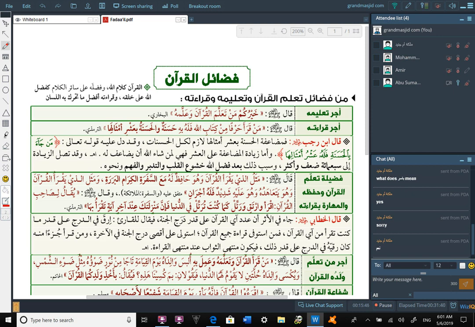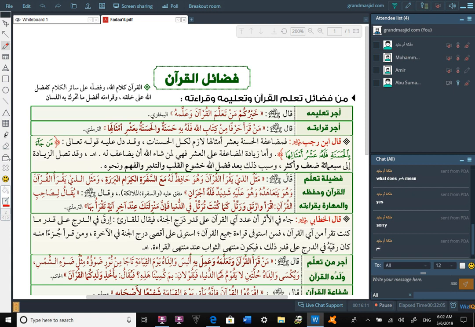Khair, the same word, means all three depending on the context. Just like kabir is big and akbar is bigger or biggest, here we have khair and khair, same word. Khairukum, the best of you, and you'll get the meaning by the context. We don't say the good of you, we say the best of you.